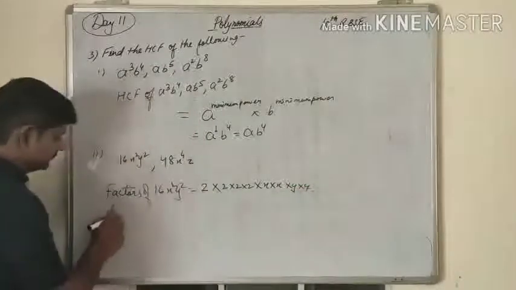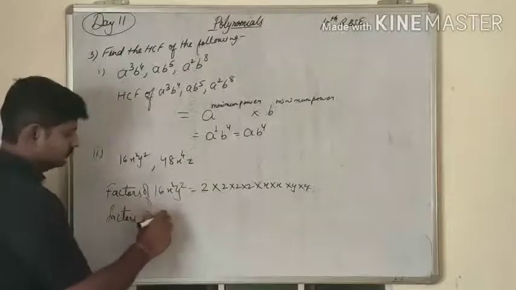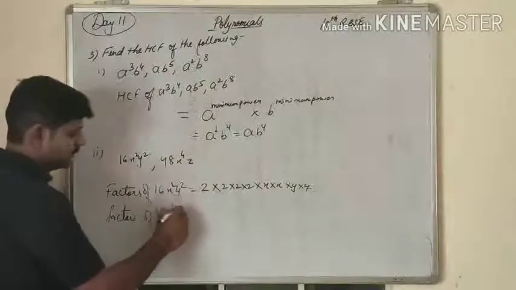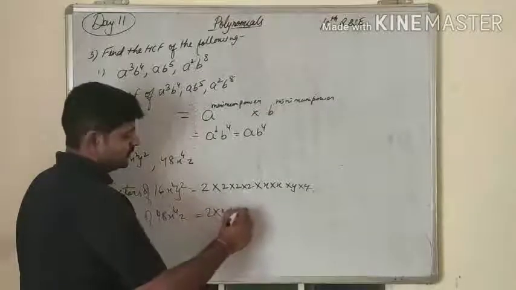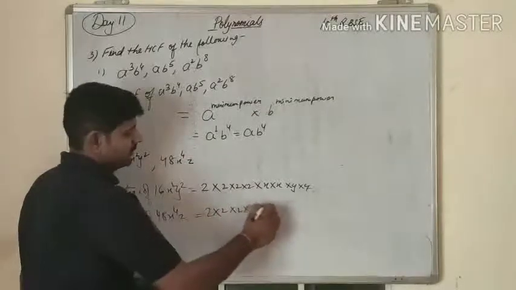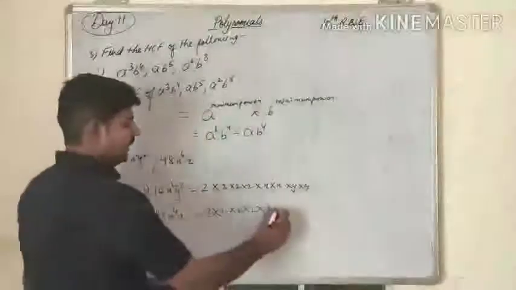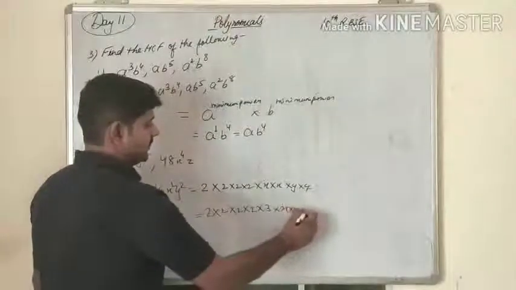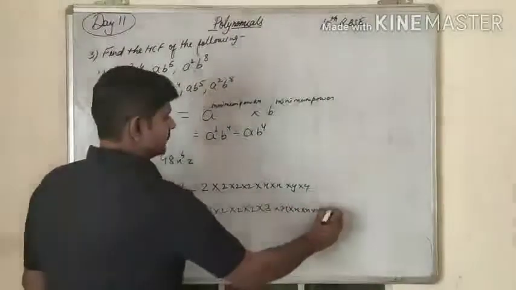And factors of 48x raised to 4 z: 2 twos are 4, 2 fours are 8, 2 eights are 16, 3 sixteens are 48, and x raised to 4, so x into x into x into x, and then z.